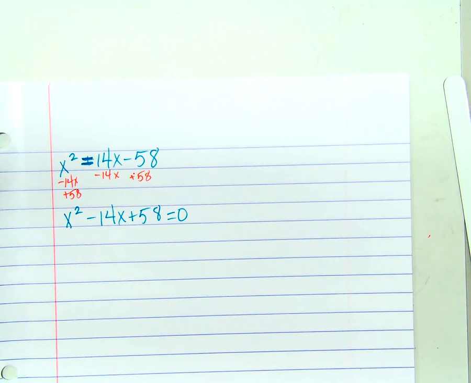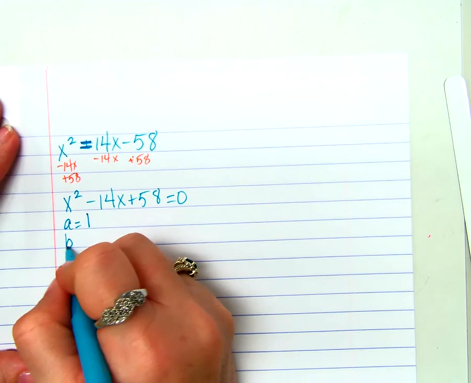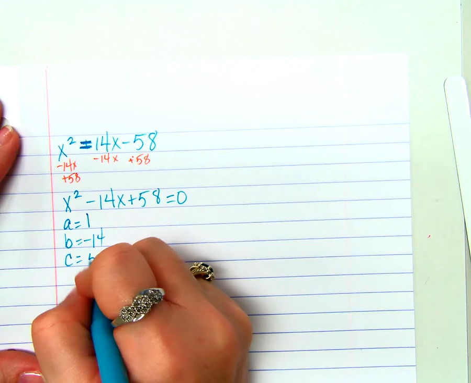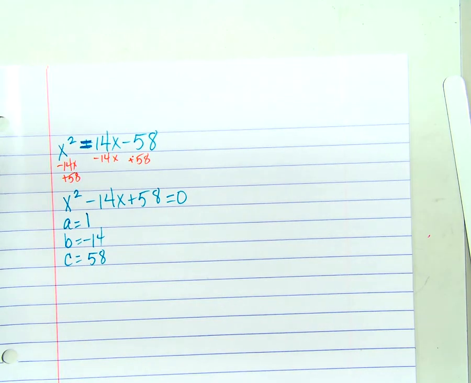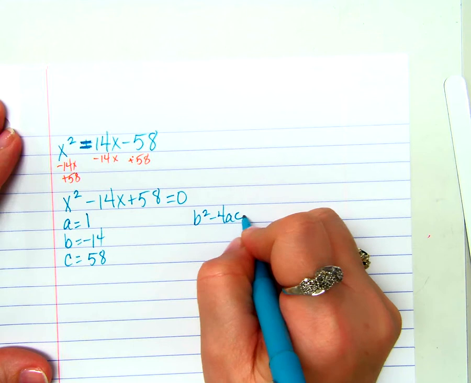What do we want to do next? Find our discriminant. So A is 1, good. B is negative 14, and C is 58. B squared minus 4AC.